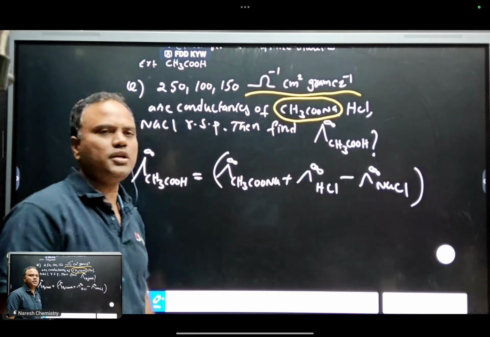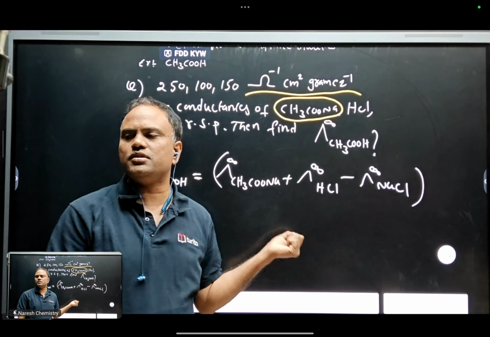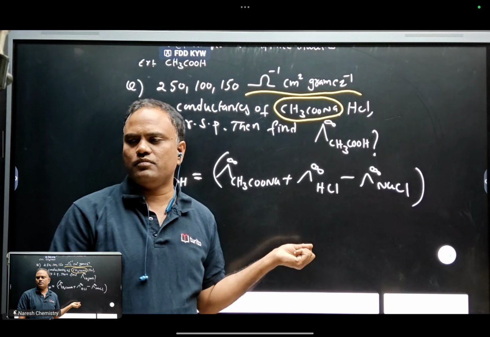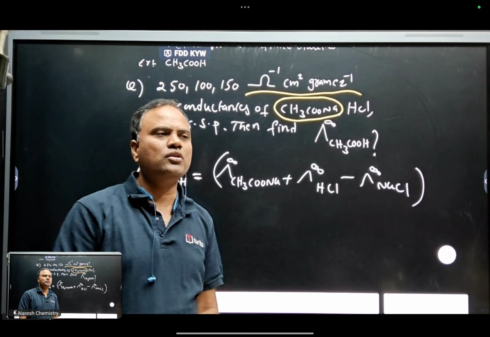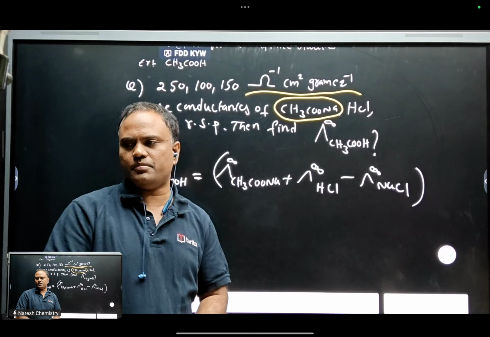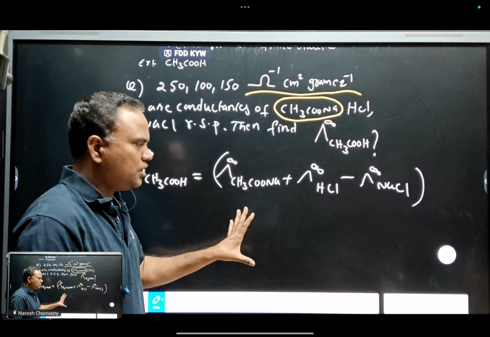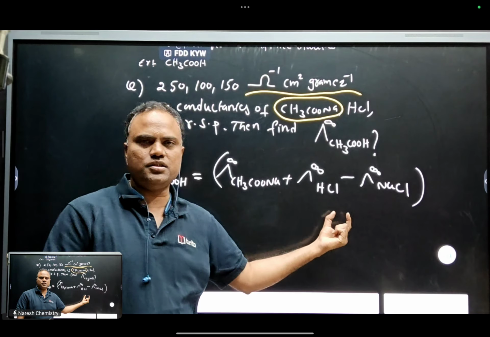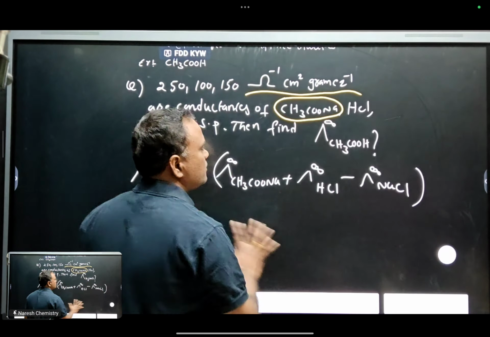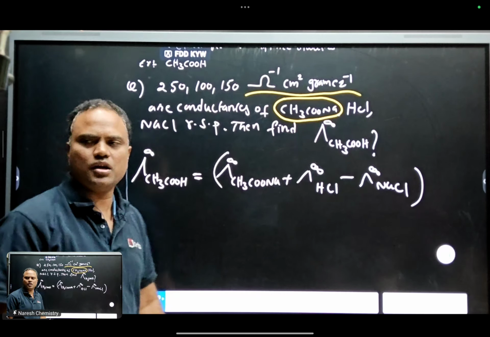How to select the electrolyte which is going to be subtracted? Tell me, what is the trick? With common ion or without common ion? Without common ion. This is the trick. Remember this.